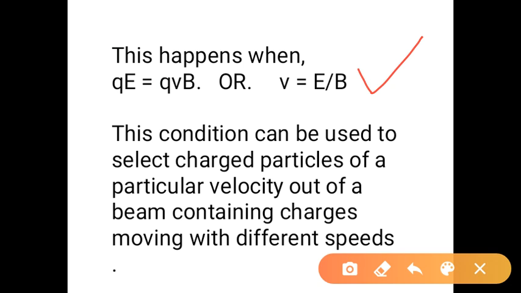This is how we are selecting a particular velocity particle among a large number of particles in a beam. That is, we adjust the value of E and B to get that particular value of velocity. Therefore, only that particle with that particular velocity will move undeflected. All other particles will get deflected in crossed fields, affected by Lorentz force because their Lorentz force will not be equal to 0.